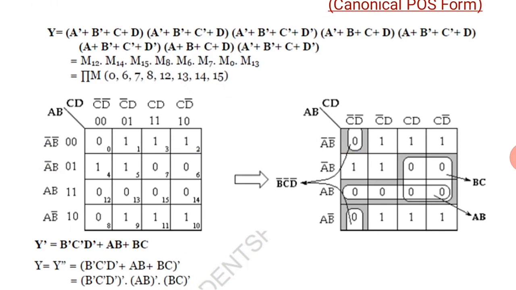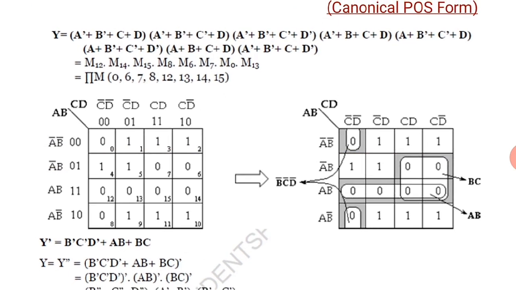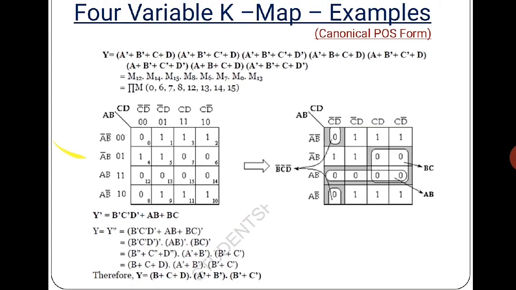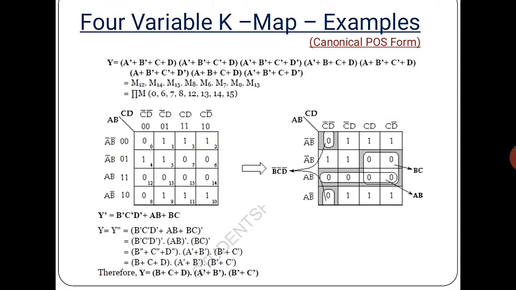So we fill the particular cells 0, 6, 7, 8, 12, 13, 14, 15 with 0. We don't want to fill the ones. And also we can look for the octet grouping. We are not having the chance to group as an octet because we are not having 8 adjacent zeros.